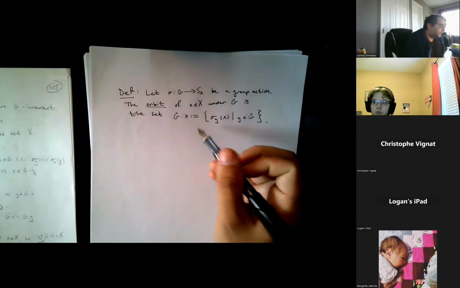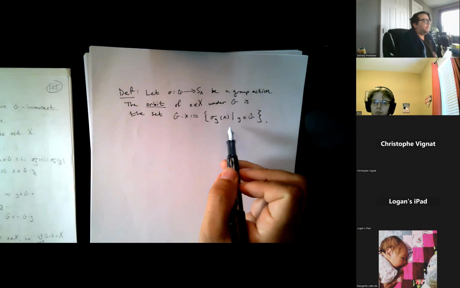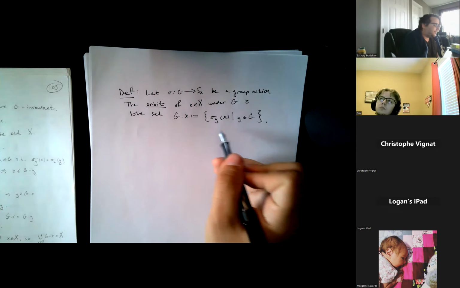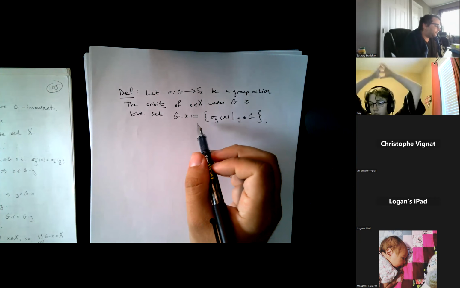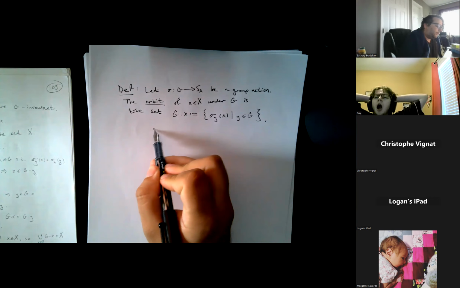Okay, so notice that the orbits are G invariant. Because if I take an element of the orbit, well, what does it look like?